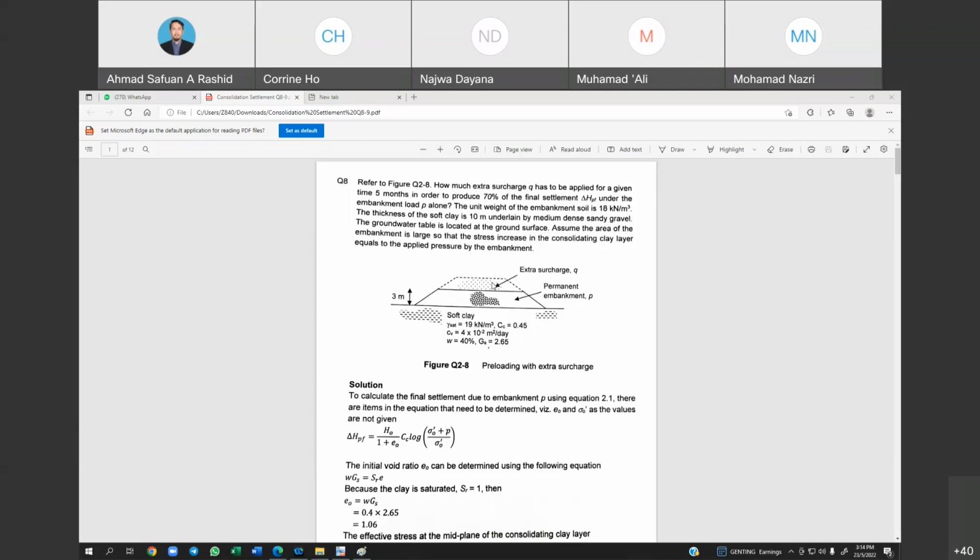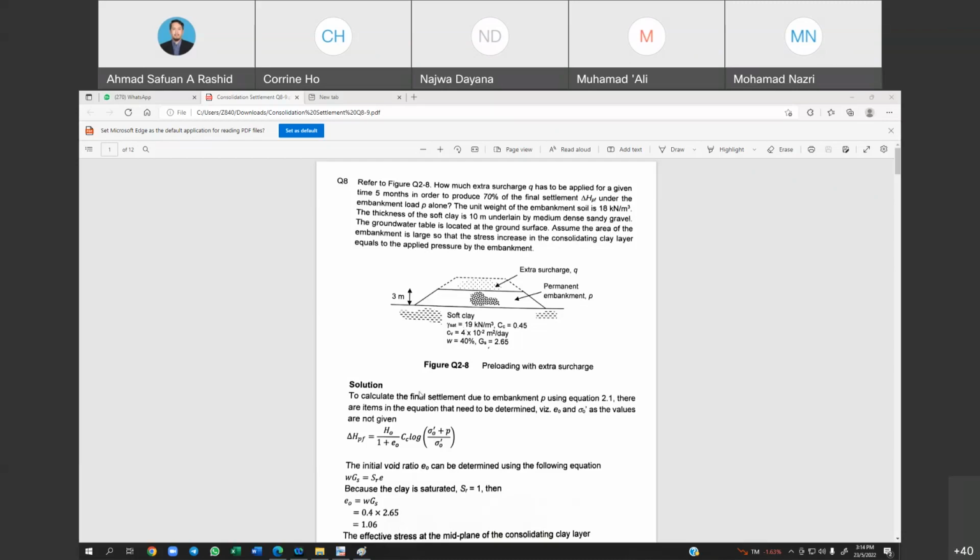Then they will remove the surcharge because they want to gain a reduced level, a new level. If they include the level of the extra surcharge, that is not the required level that the contractor wants.